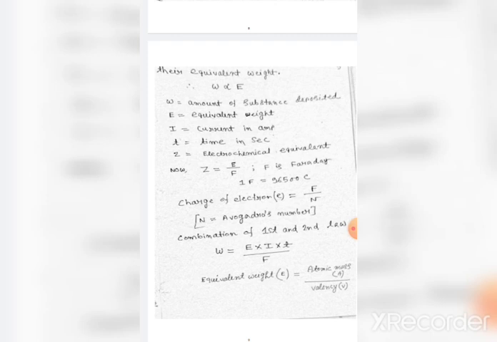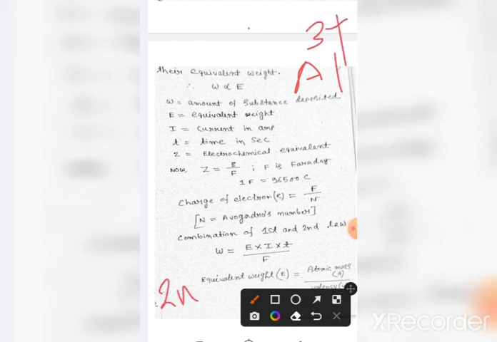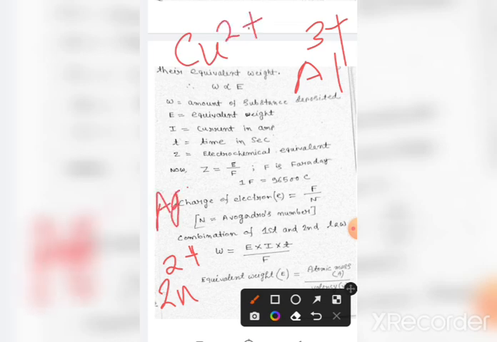Valency of some common metals: aluminium is 3, zinc is plus 2, copper is basically plus 2, and silver is basically plus 1.